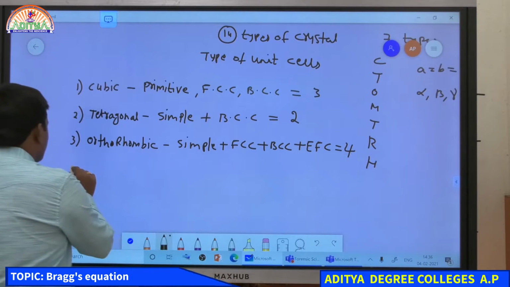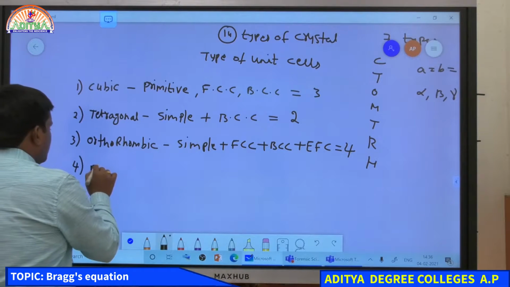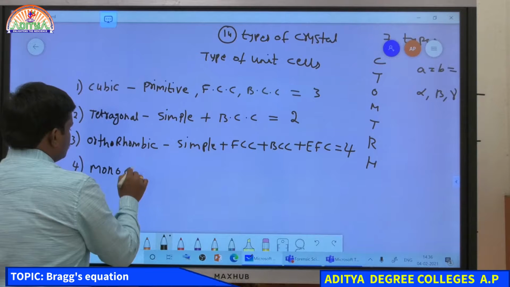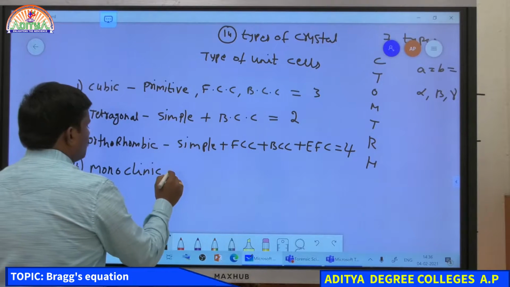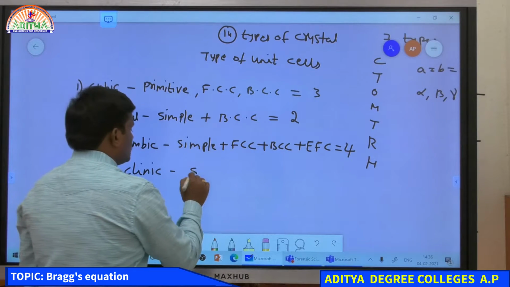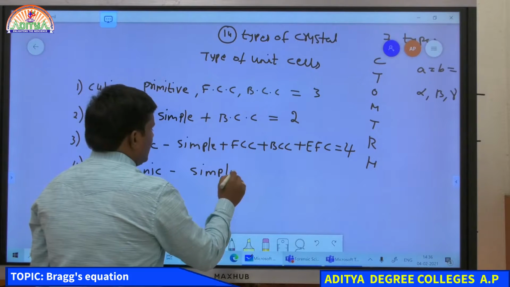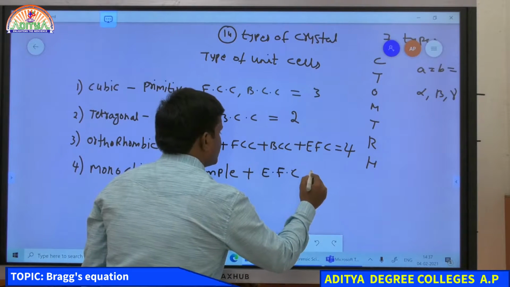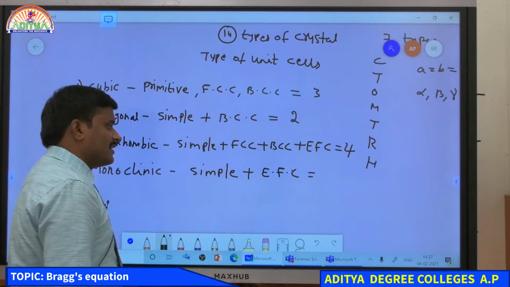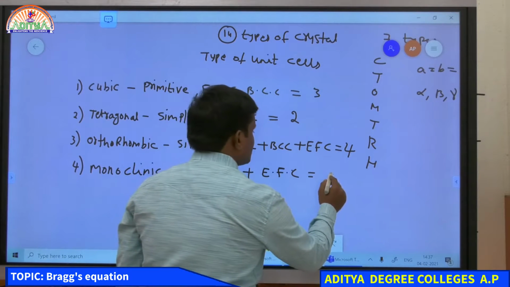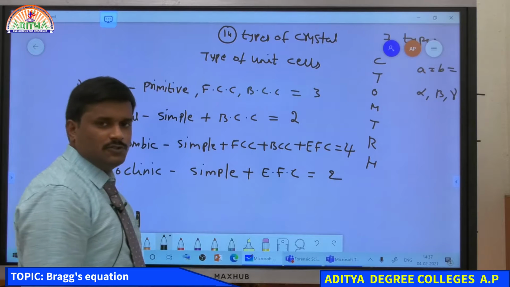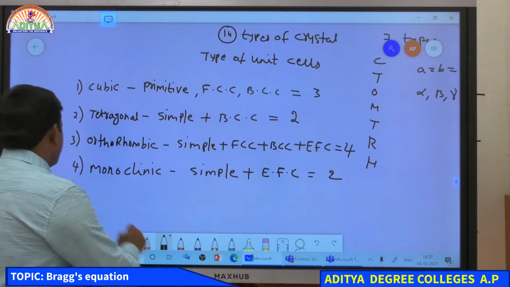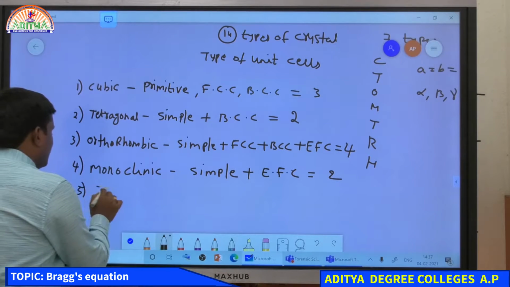And then the fourth one, monoclinic. In the case of monoclinic, there are simple as well as end face centered. Only two types of unit cells are present in the monoclinic crystal. That is why Bravais lattices for this crystal is equal to 2. And then the fifth one, triclinic crystal.